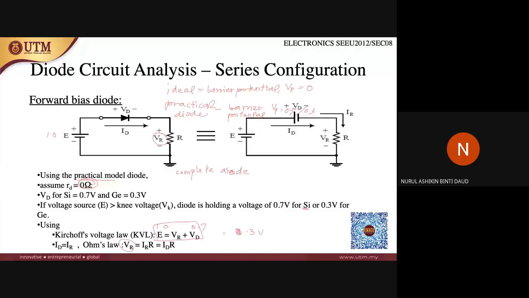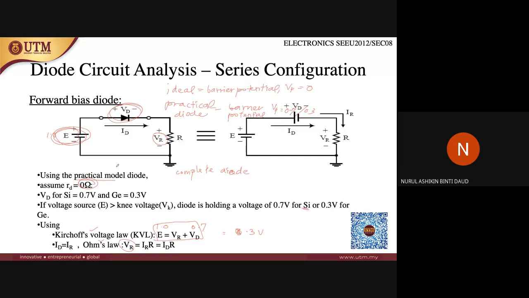You can use these two formulas, either Kirchhoff voltage law or Ohm's law. If you want to use Ohm's law, you need to know the value of current. But if you want to use Kirchhoff voltage law, you need to know the value of the external source and also the value of this diode.